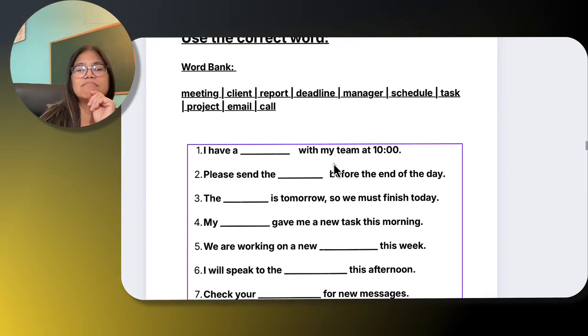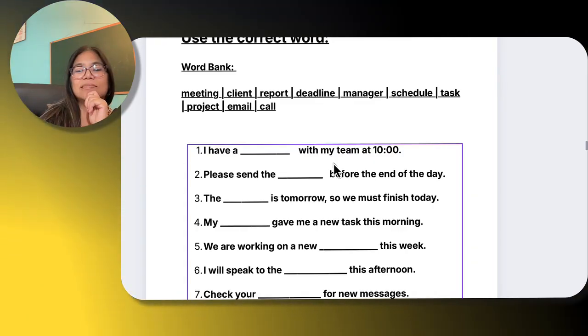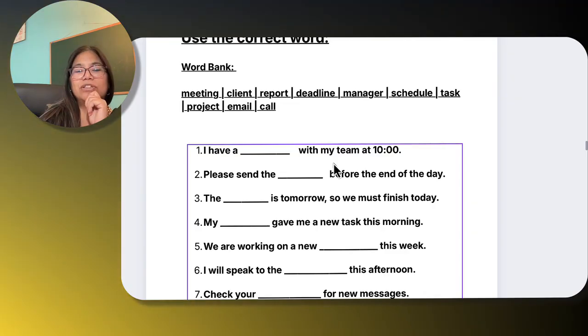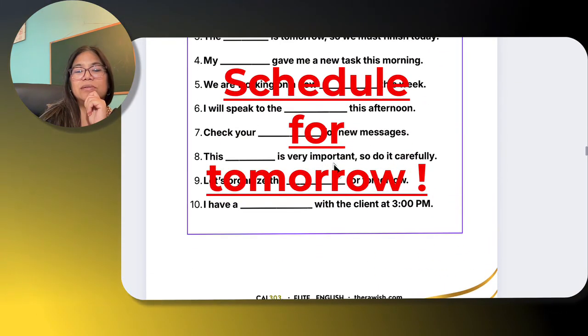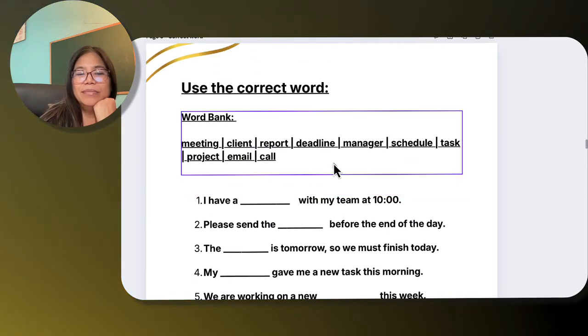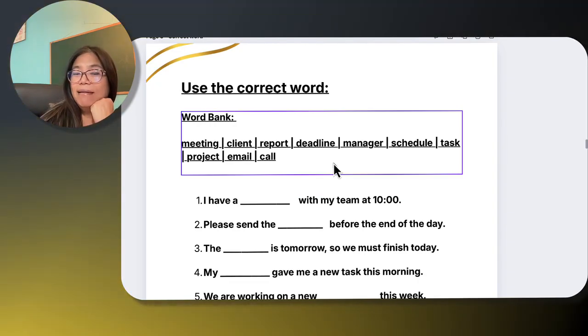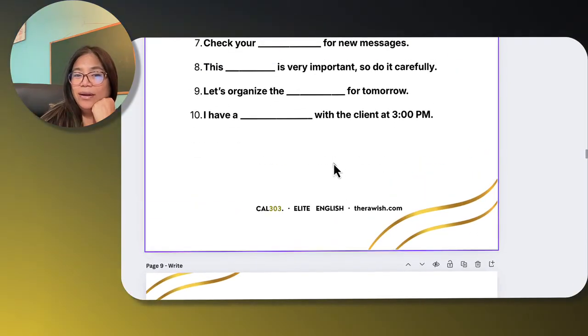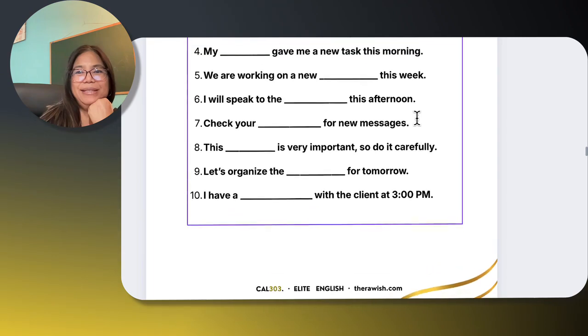The call for tomorrow. Or what? Or the I have a with my client at 3 p.m. It could be a meeting with my client or a call with my client. You can use either. Yes.